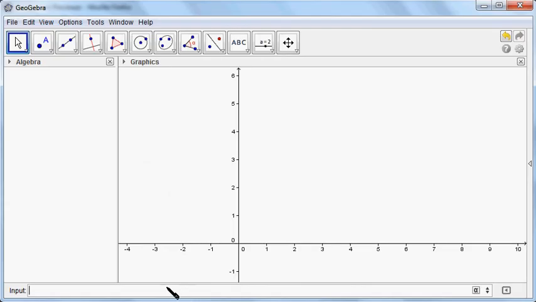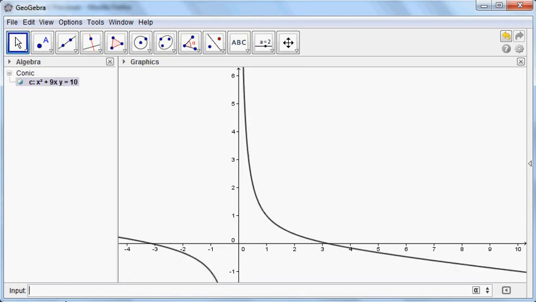The equation of the curve is 9x times y plus x squared equals 10. Hit enter, we have that. Then the first tangent line is y equals negative 11 over 9 x plus 20 over 9. Then hit enter.